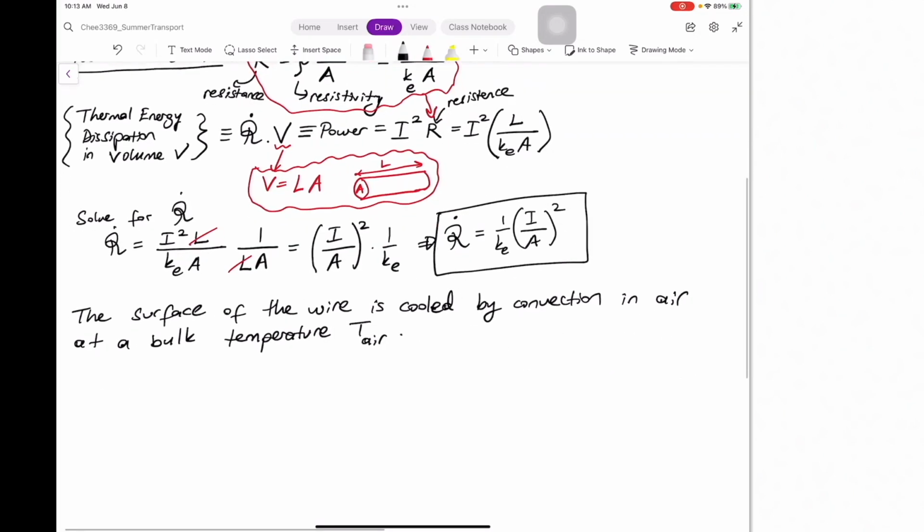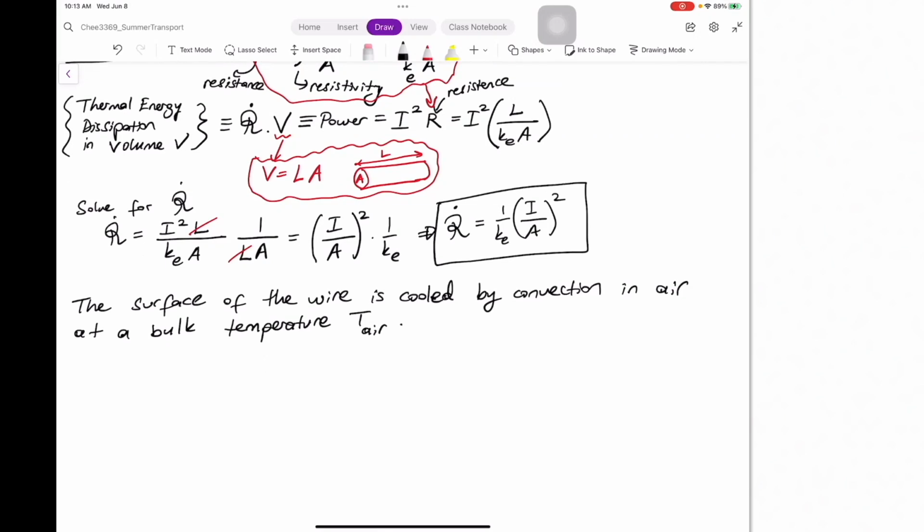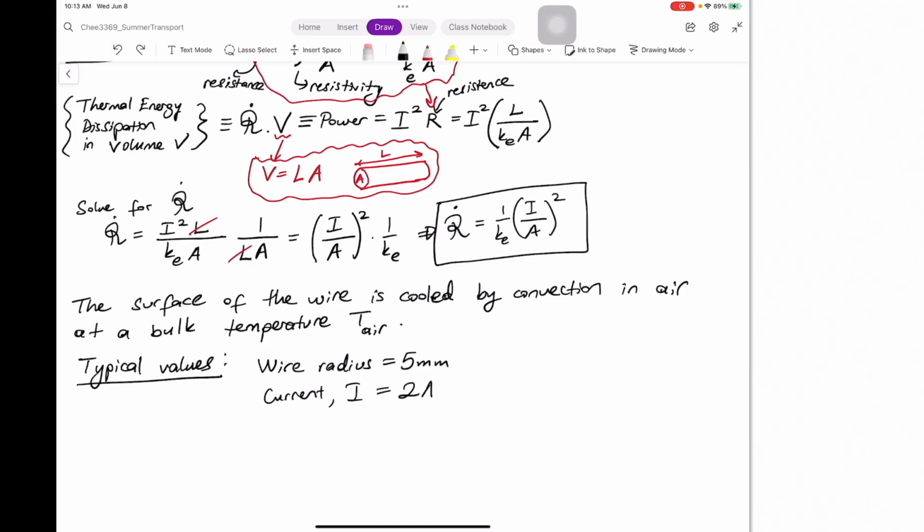And for those who are more comfortable with plugging in numbers, let's also write down some typical values. Let's take the wire radius as a 5 millimeter one. Current I is equal to 20 amperes passing along the wire.